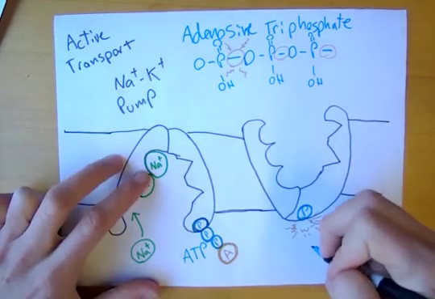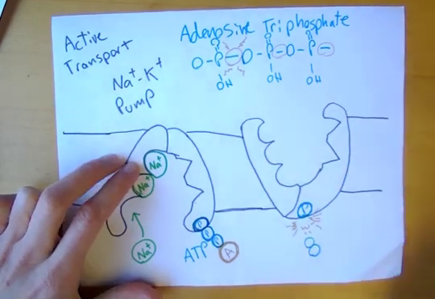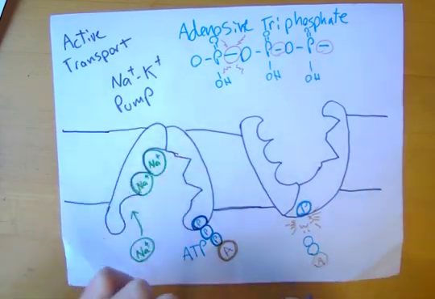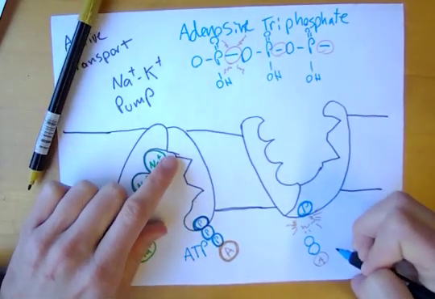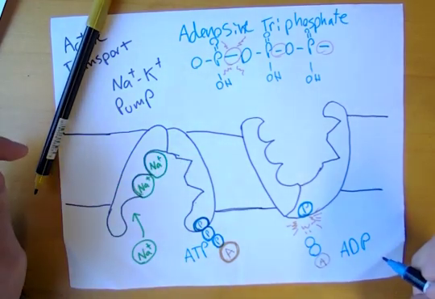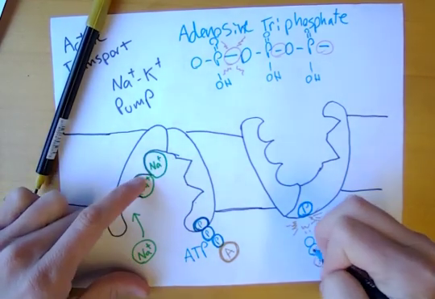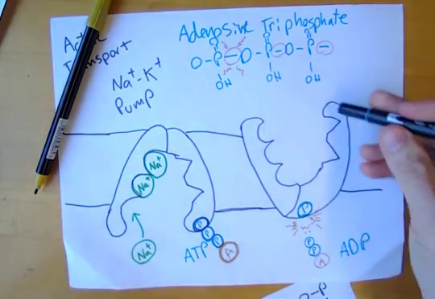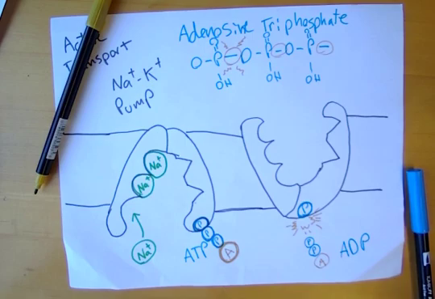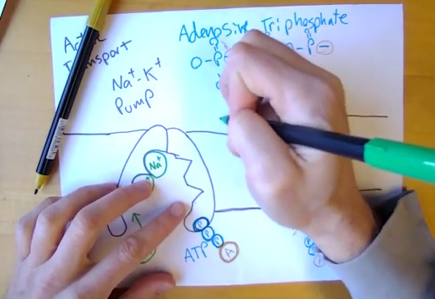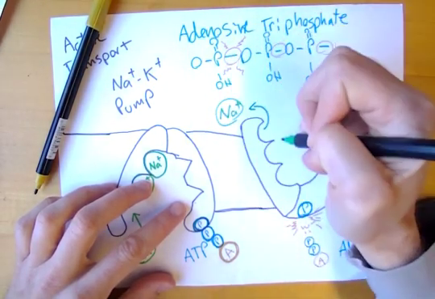Energy is released, and we end up with our ADP. Alright, so ADP, adenosine diphosphate, because there's only 2 now instead of 3. That energy changes the conformation here, opens it up to the extracellular space, and so sodium moves out.